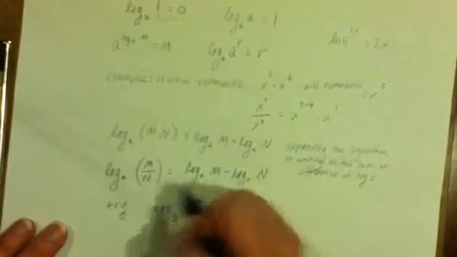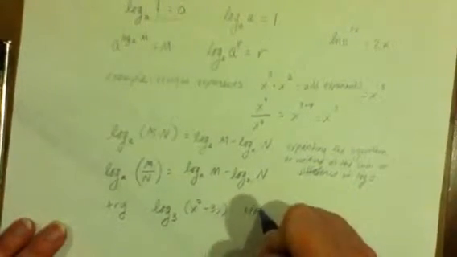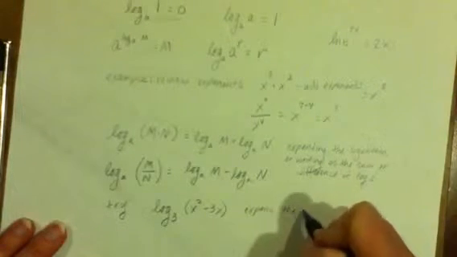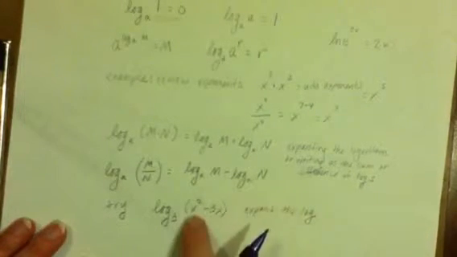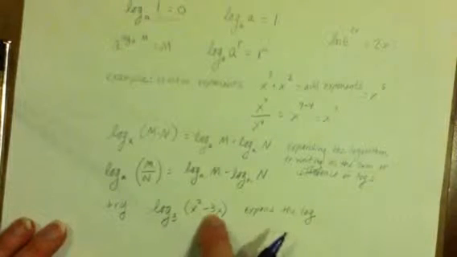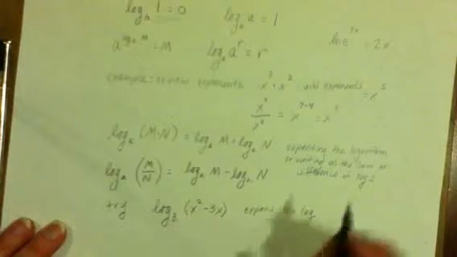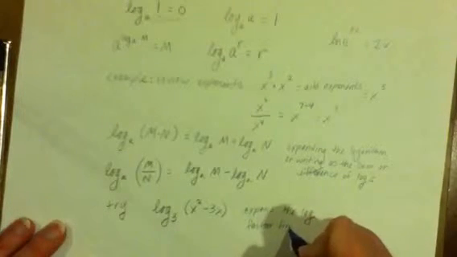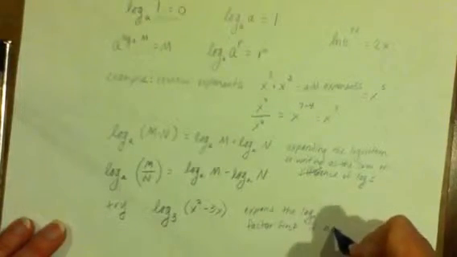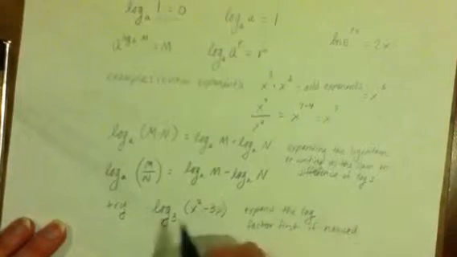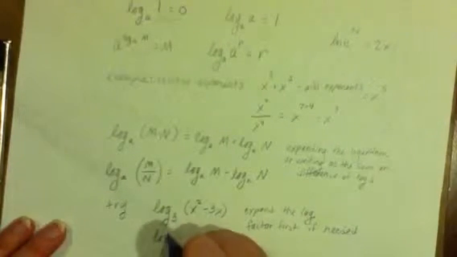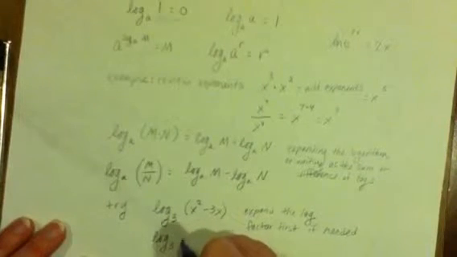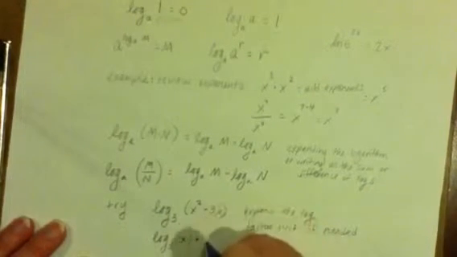So if I wanted to expand the logarithm, I would split up individual things that are multiplying in here. So that means I would need to factor it first if it's not already factored. So then we would have log base 3 of x plus log base 3 of x minus 3.